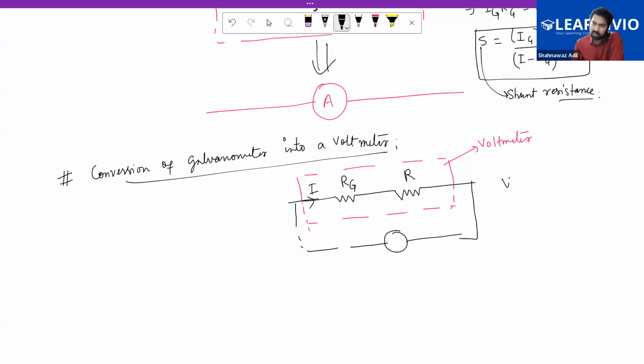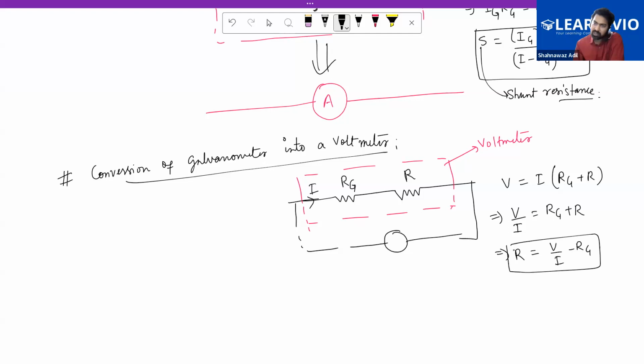Voltage would be equal to I times Rg plus R. So we can calculate this R as V by I minus Rg. This is the series resistance of the voltmeter. That is how we calculate all these things.